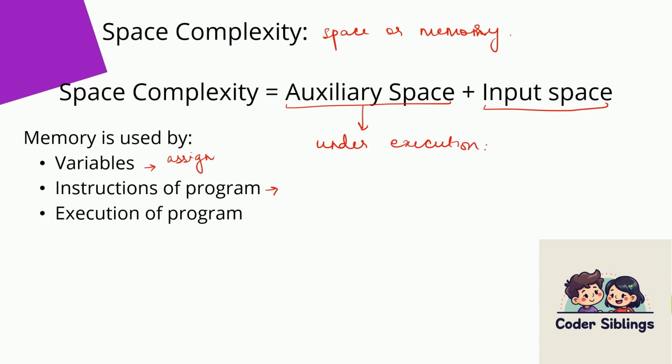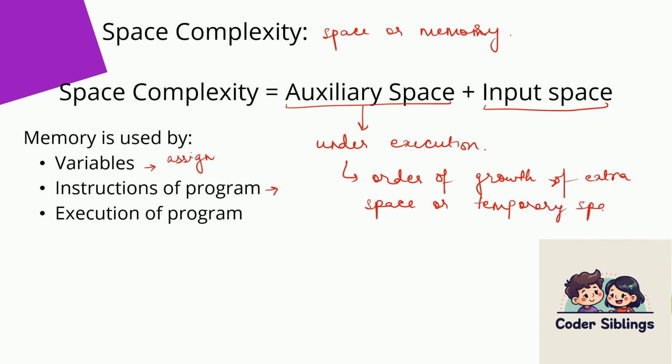So auxiliary space can be defined as the order of growth of extra space, or the temporary space as we can also call it, in terms of input size.